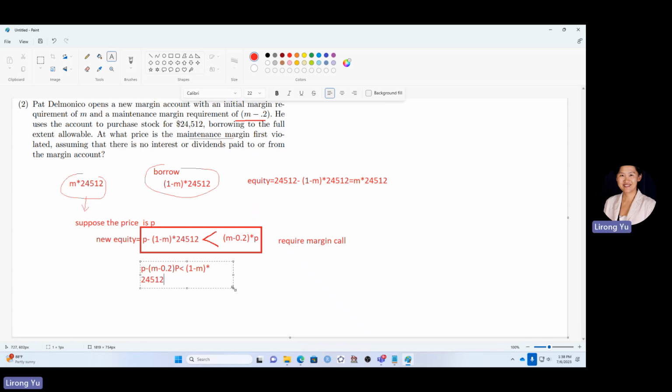The rest is all algebra. All you have to do is solve for P in this equation, and you get a lowercase p less than (1 minus M) times 24512 divided by the factor on the left side of the equation. That's 1.2 minus M, and that is the solution for question two.